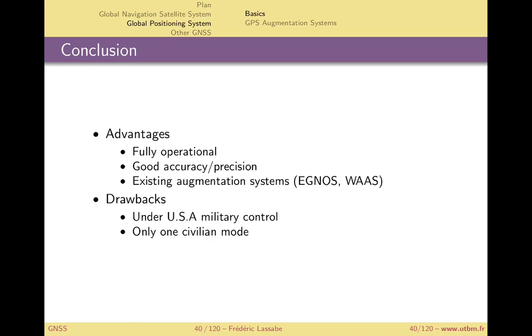It provides a good accuracy and a good precision, especially when using existing augmentation systems that we'll talk about in the next video. But its drawbacks are to be under USA military control and only provide one civilian mode without quality of service and guarantee of service.